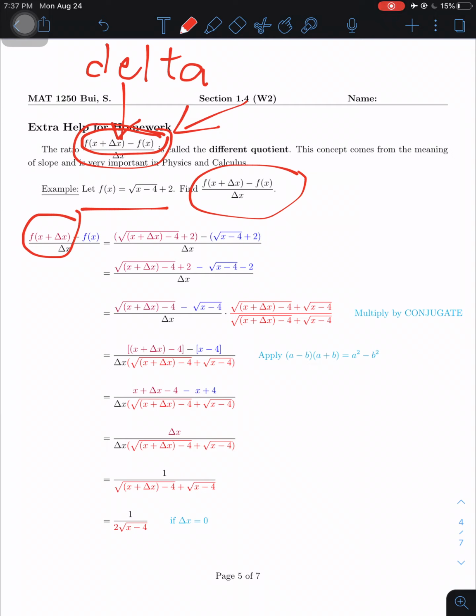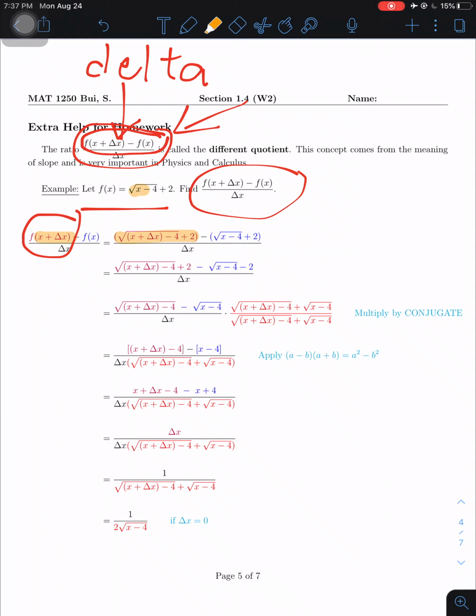If I remember what I told you from the last page, whatever is in between the parentheses after the name of the function, they just stand for x. It means that for x plus delta x, we're going to plug it in for x of the original function.